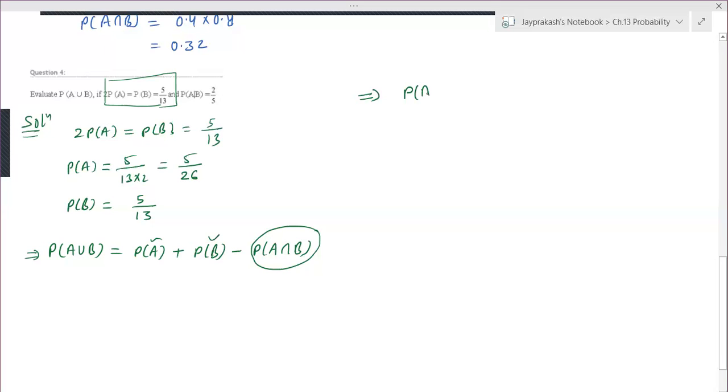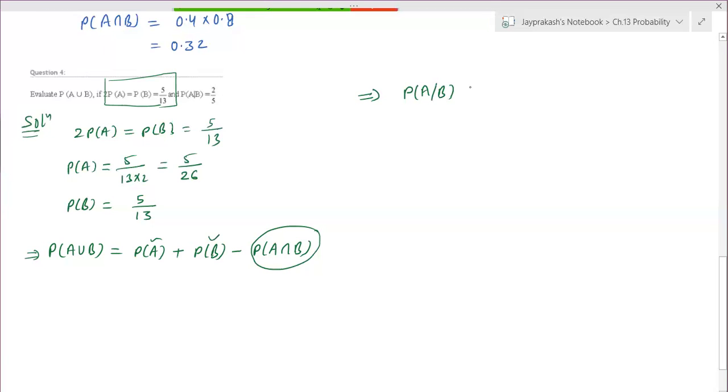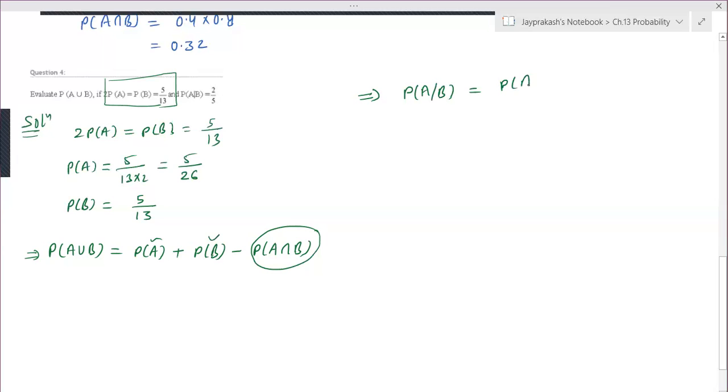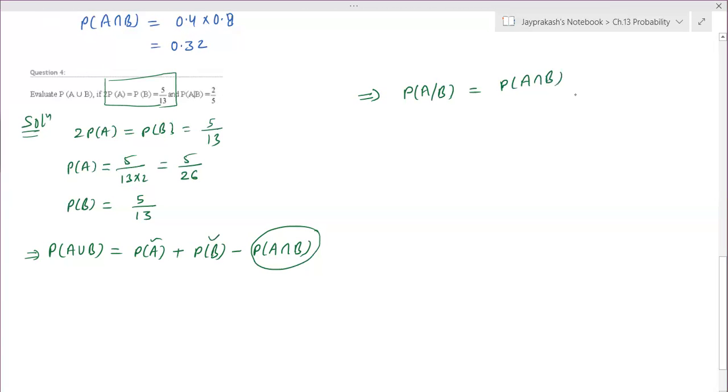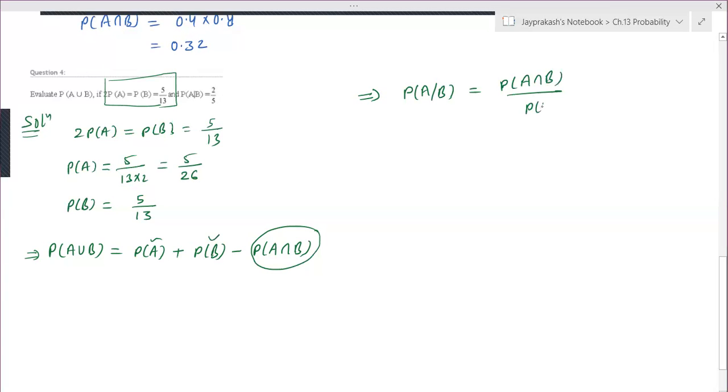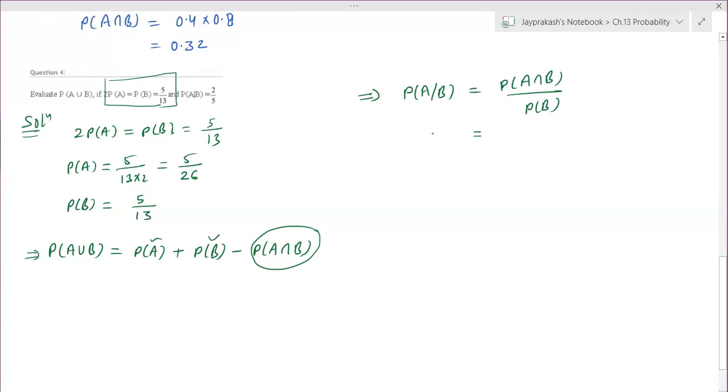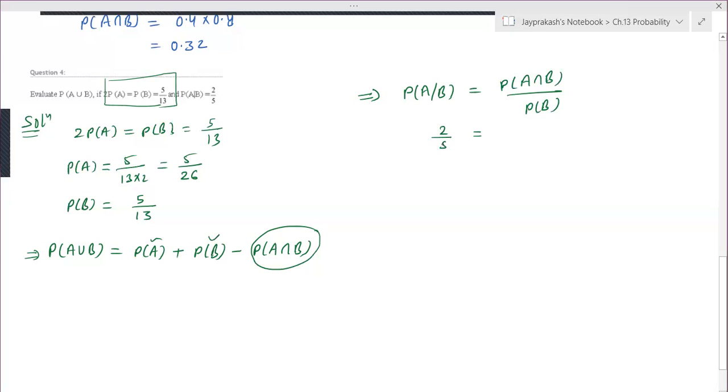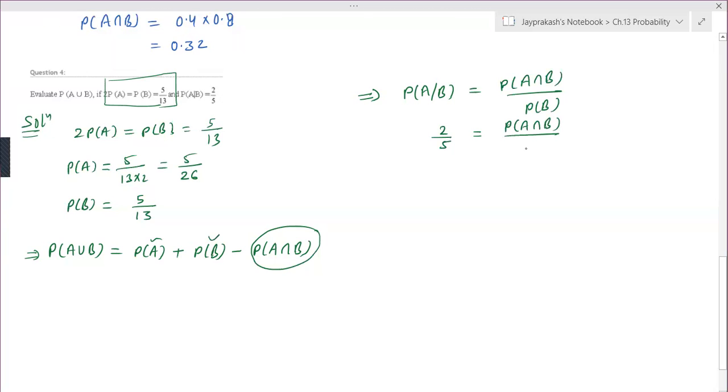For this part we will use P of A given B, which is P of A intersection B upon P of B. So P of A given B is 2 by 5, the intersection is missing, and P of B is 5 by 13.